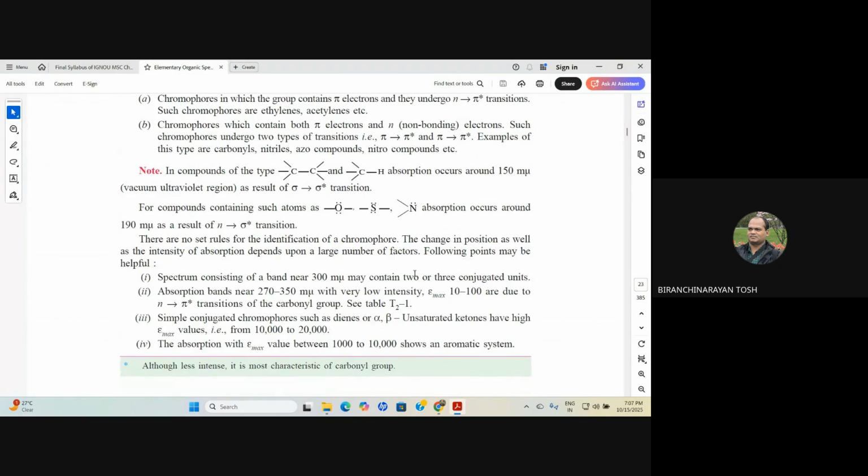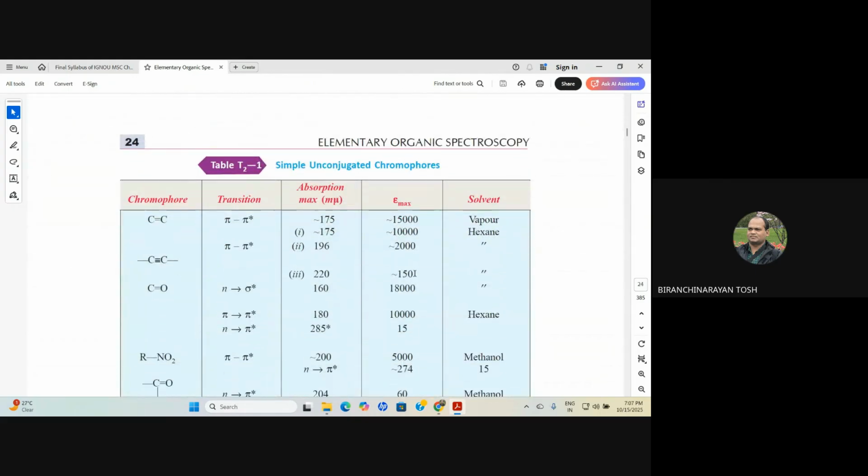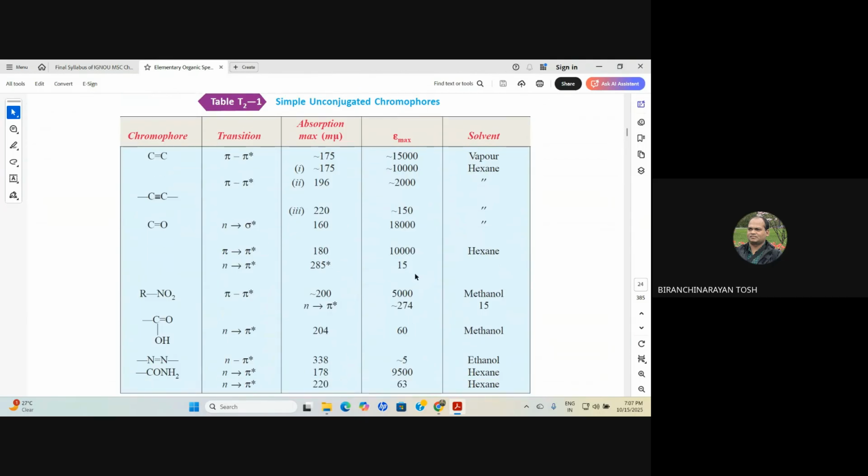Now, chromophores are again of two types: independent chromophore and dependent chromophore. The chromophore which itself gives the color, which will absorb, is the independent chromophore. But if two or more such chromophores are there, then color will be enhanced. That is a dependent chromophore. Your carbonyl group is a dependent chromophore.